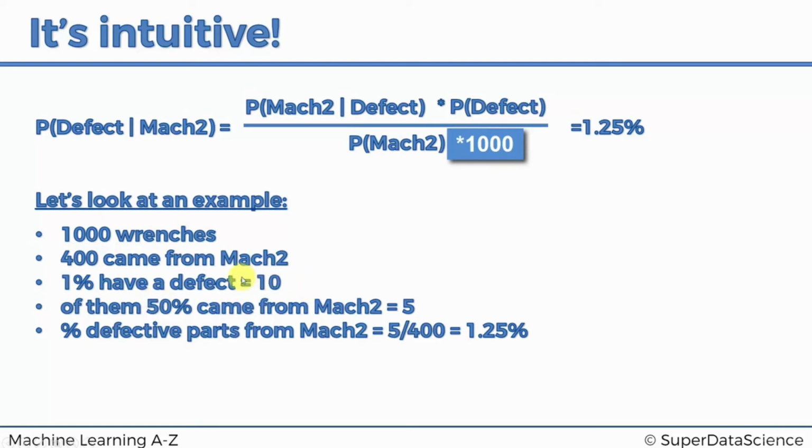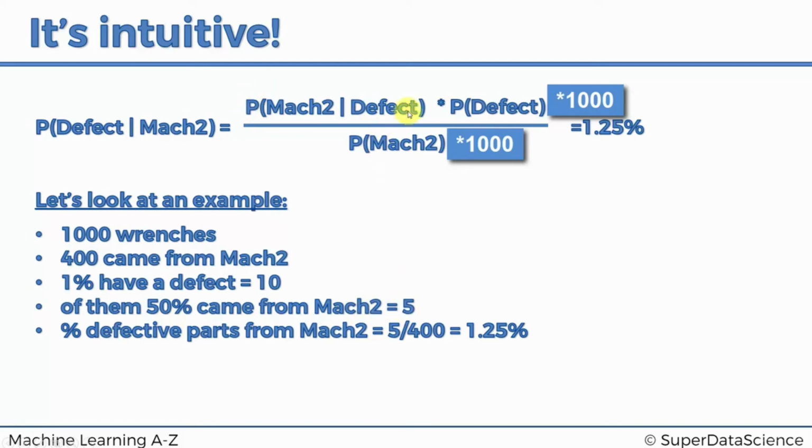And then 1% have a defect, and that means 10. So where did this 10 come from? That's 1% times 1,000. So instead of P defect at the top, we actually have P defect times 1,000 right now. Just visualize that for a second. Instead of P machine 2, we have P machine 2 times 1,000, and P defect times 1,000. And then this 50%, the probability that they came from machine 2, equals 5.